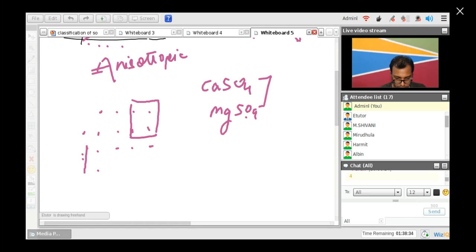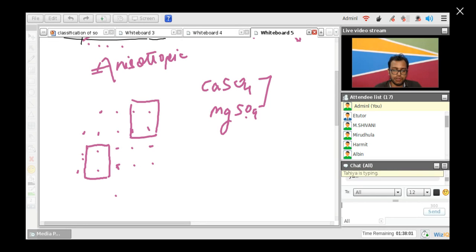So we can draw the same unit volume like this as well. So in an ordered arrangement, the same unit volume can have a different number of molecules. Is it clear to you? If the same volume has a different number of molecules, what can you say about the density?